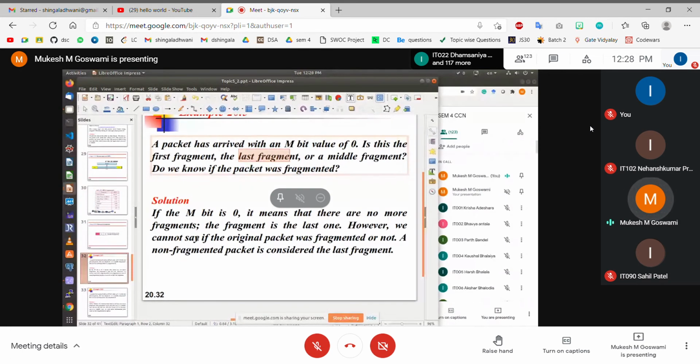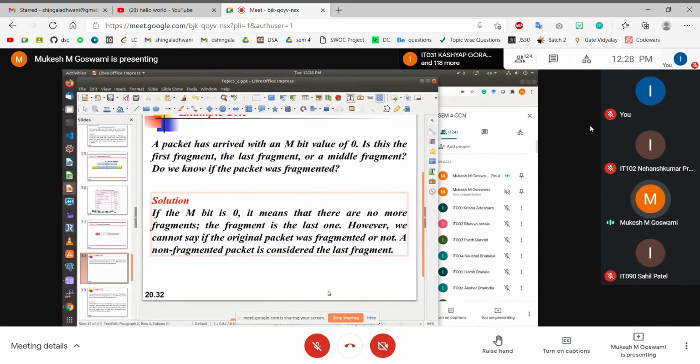And to answer the question whether the original packet was fragmented or not, it is not possible to tell, because if the original packet is not fragmented, then the original packet itself can be considered as a last fragment. Right? Original packet को आपने fragment ही नहीं किया है, so that original packet itself is a last fragment.